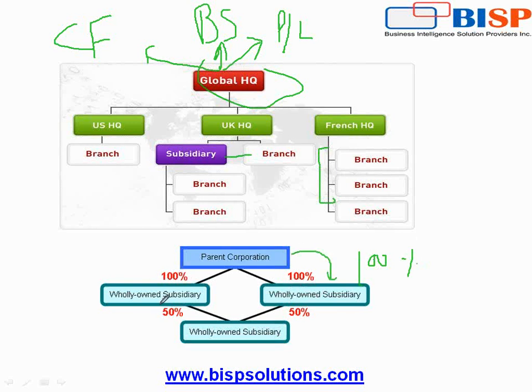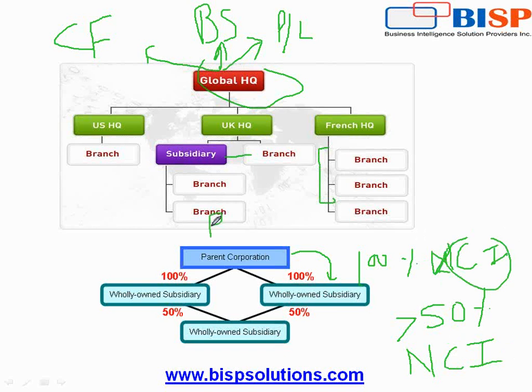Or even if you don't acquire 100%, the moment you own more than 50%, naturally you get the control, and technically this is called non-controlling and controlling interest. Controlling interest, your parent company is controlling all the subsidiaries.